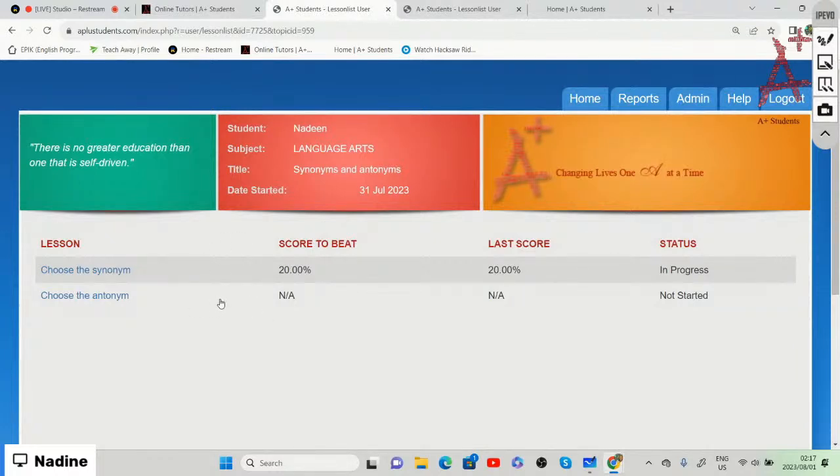All right. So we basically now chose the synonyms within that lesson, and now we are going on to antonyms.